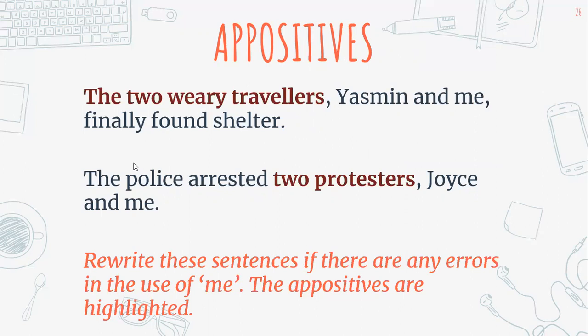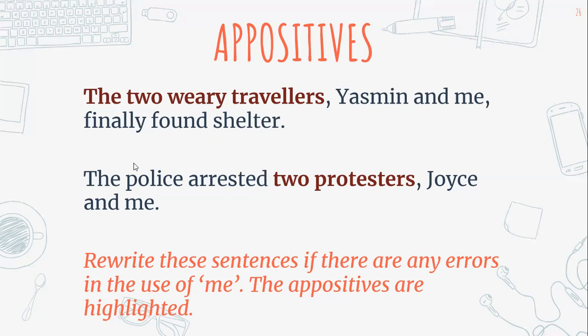And of course, the appositives are highlighted. So in the first example, it would have to be rewritten to say Yasmin and I. Why? Well, it is the subject of the sentence, Yasmin and I. So if you're not sure of what the pronoun case is in the sentence, then again, look at the appositive, if there's an appositive there, because the appositive has the same function in the sentence that the pronoun or noun has.